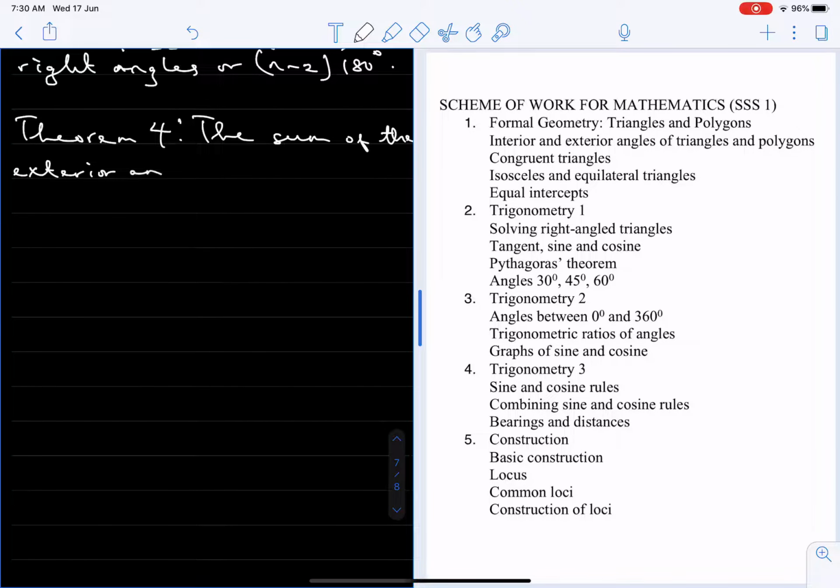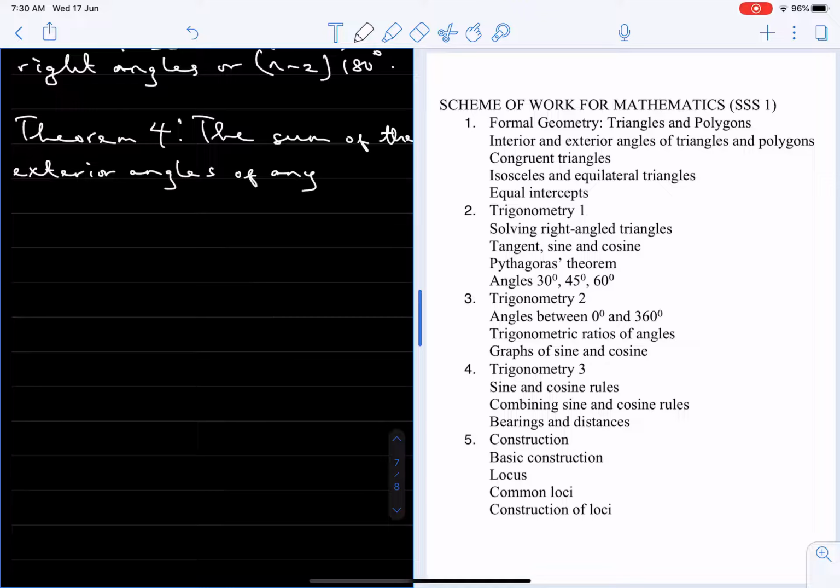It's an angle formed by extending a side of a polygon. If you make a side of any polygon longer, the angle so formed is called an exterior angle.